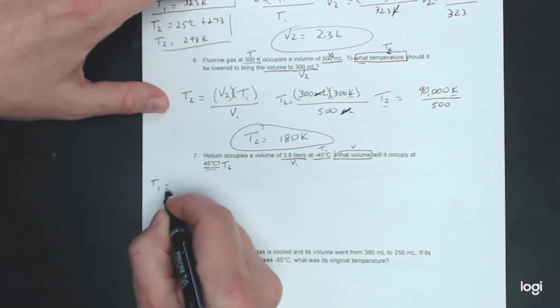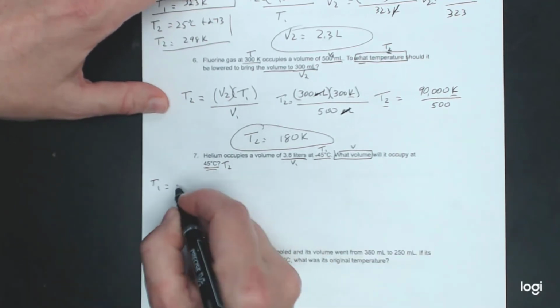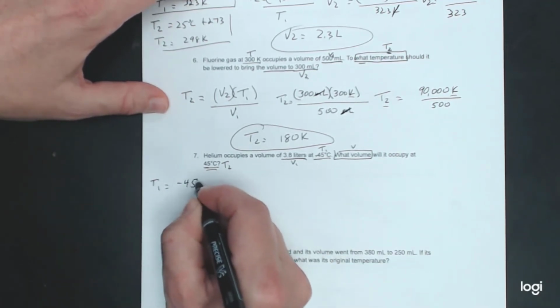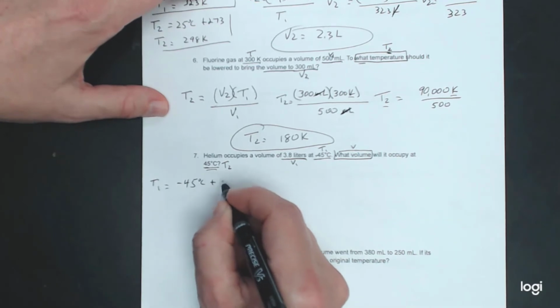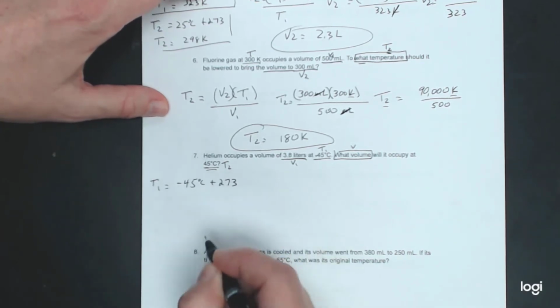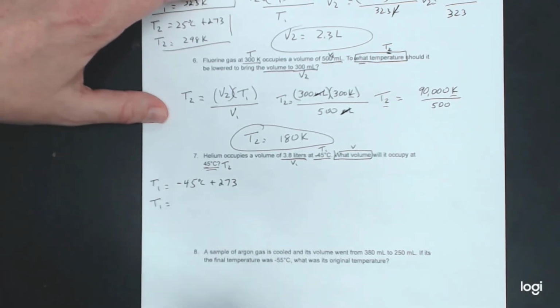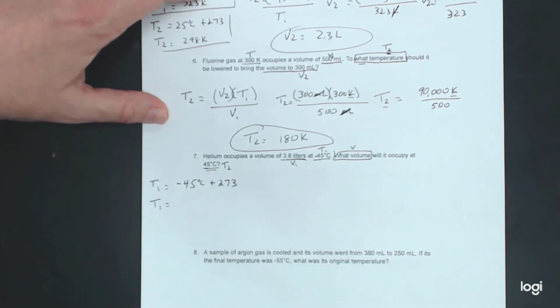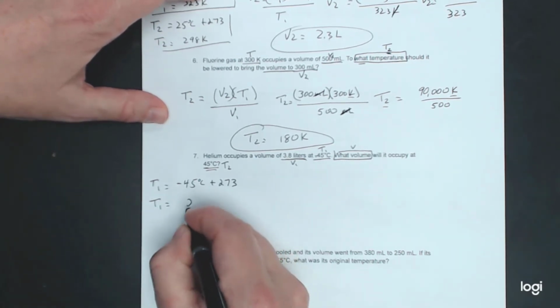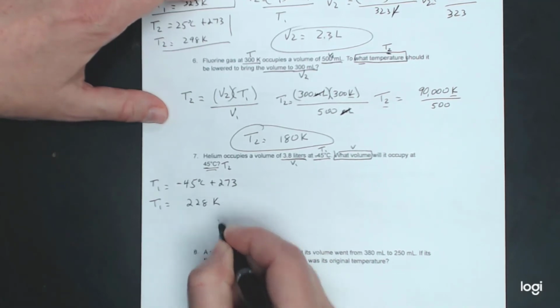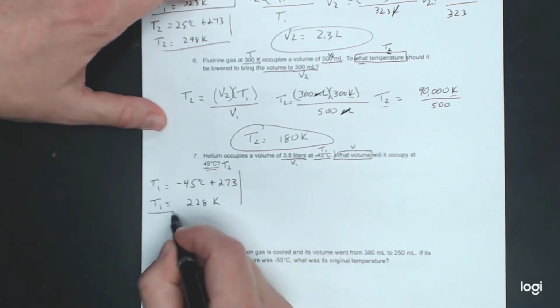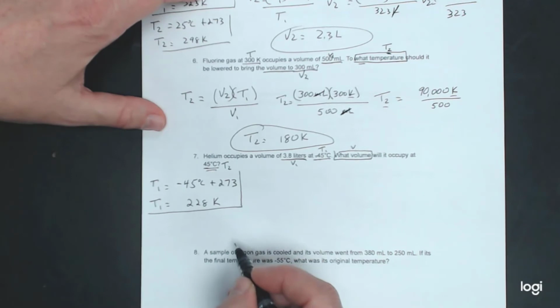So T1 equals, now notice, negative 45 degrees Celsius plus 273. So obviously we're going to do a little subtraction this time. So T1 equals negative 45 plus 273, and we end up with 228 K. And like I said, section it off because it keeps things clear for us.